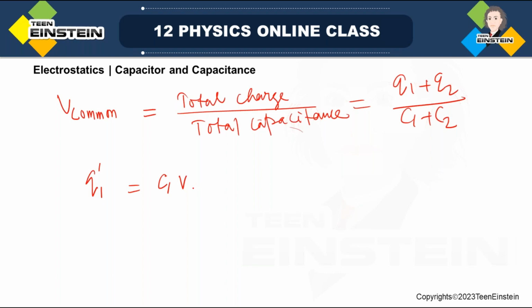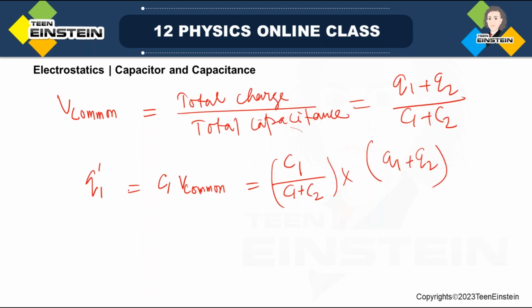So C1 into V common, which is C1 divided by C1 plus C2 into Q1 plus Q2.